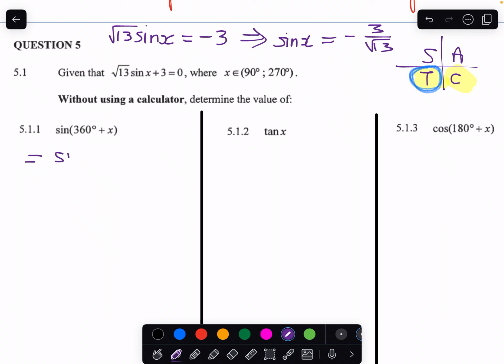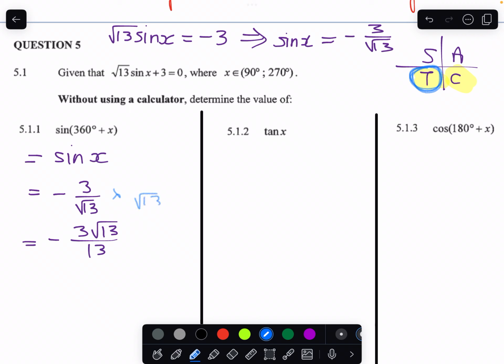So the sine ratio of that angle will be exactly the same as the sine ratio of the original angle, which we have discovered to be 3 over root 13, or if you believe, and I'm one of those people who believe in it, rationalize your denominators. So this is me timesing by root 13 over root 13. Yeah, so that would be the first one.